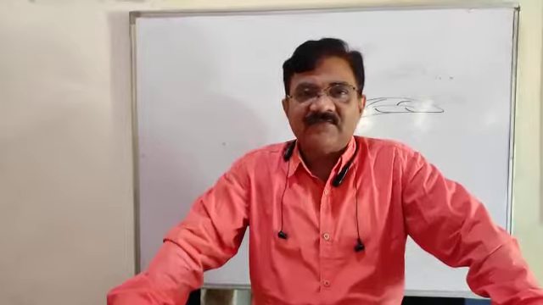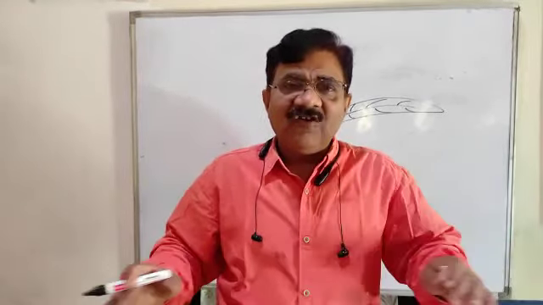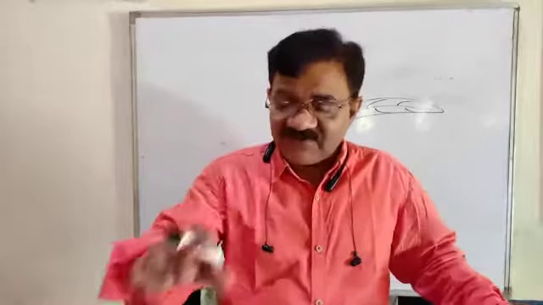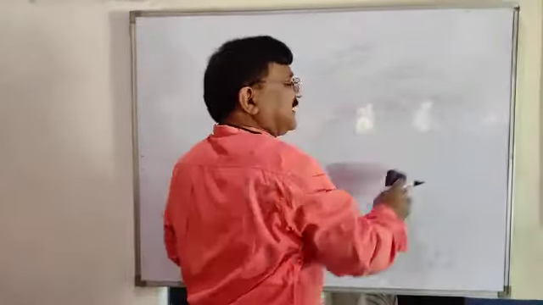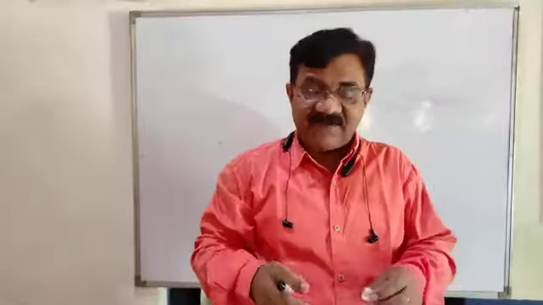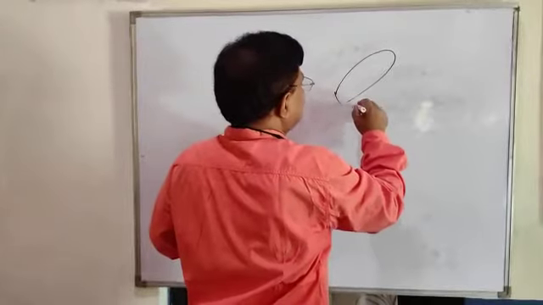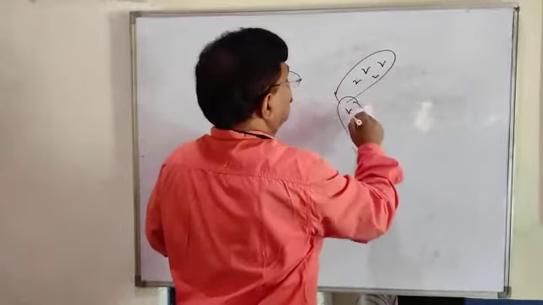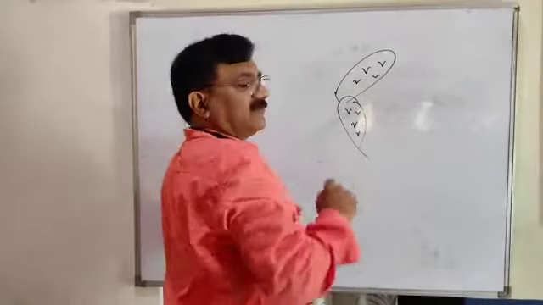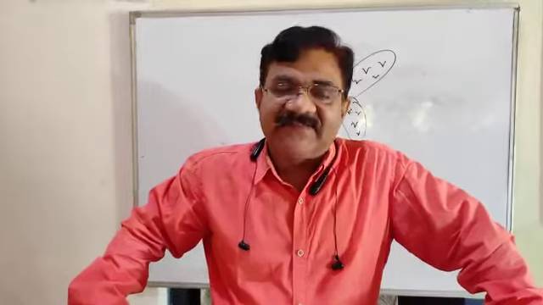Loss of leaves in certain plants: there will be no leaves. You must have seen a cactus. What do you think? In a cactus, have you seen leaves? If you look at a cactus, actually the leaves are modified into spines. A cactus is a desert plant.